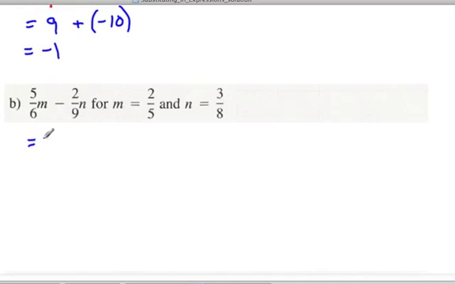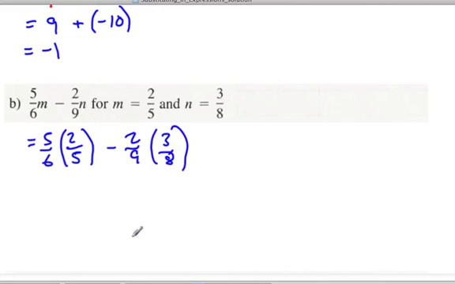This is equal to 5 over 6 times 2 over 5 minus 2 over 9 times 3 over 8. So we simplify here. 5 goes into itself once and into itself once. 2 goes into itself once and into 6 3 times. So this is the same thing, and I'll write this out.